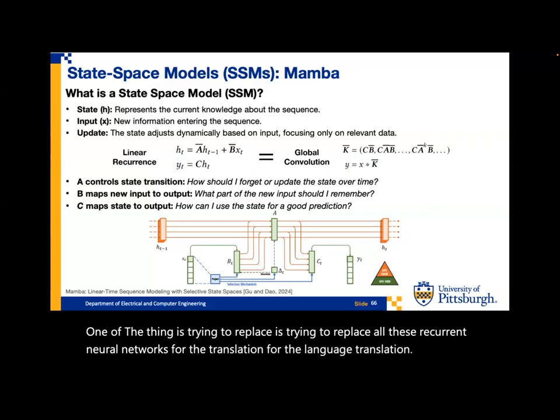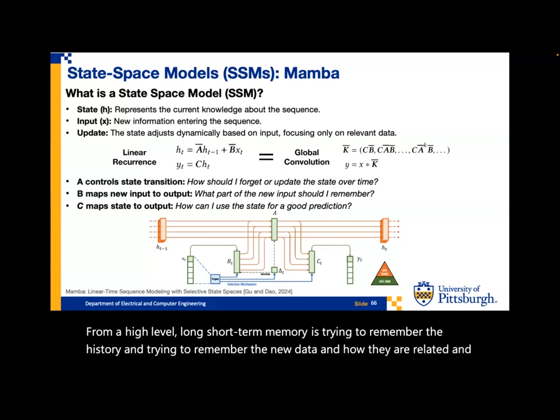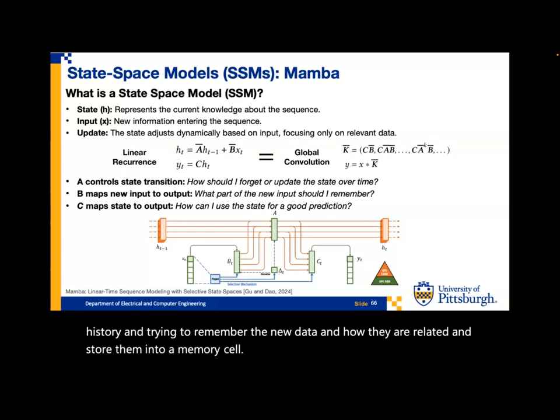But why? From a higher level, long short-term memory is trying to remember the history and the new data and how they are related, and store them in a memory cell. For attention, it's pretty much the same.